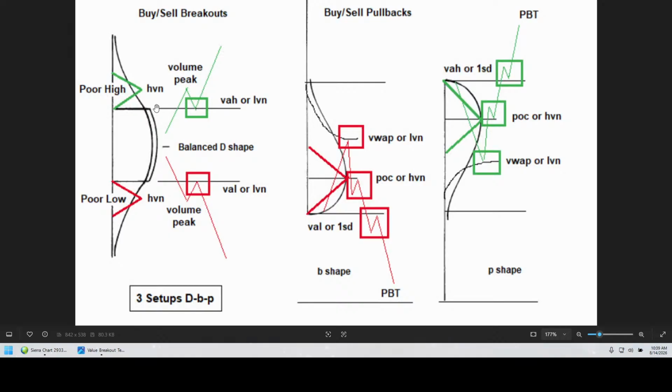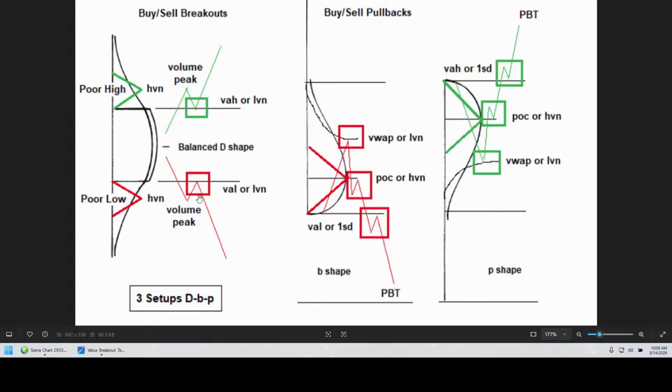So it failed to break out, and then prices rotated back through the range, now back to the other side where it attempts to move lower. What happened in this case where price was moving lower? Now we got a push below the value low. It stalled a little bit.